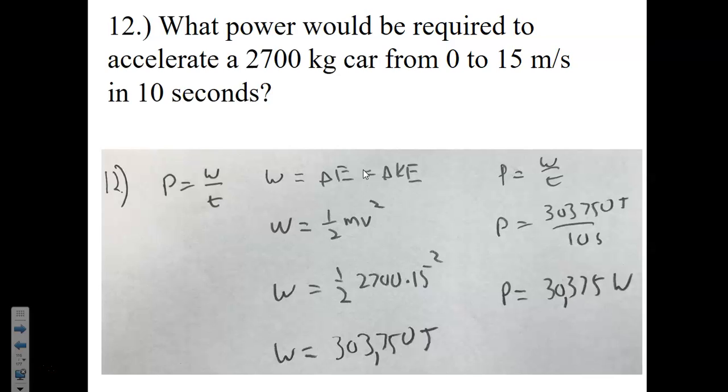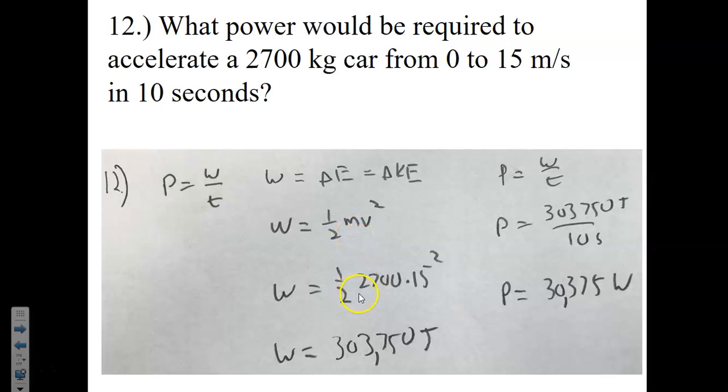Okay. What power requirement for an engine would be required to accelerate a 2,700 kilogram car from 0 to 15 meters per second in 10 seconds? Well, power equals work over time, and work equals the change in energy. The type of energy that we're dealing with here is kinetic energy. So we're taking it from 0 joules of kinetic energy at 0 meters per second to however much kinetic energy it has at 15 meters per second. So the work is going to equal the kinetic energy at 15 meters per second.